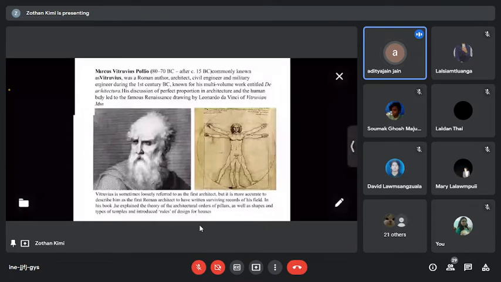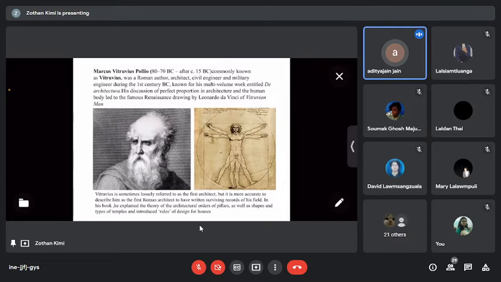Marcus Vitruvius Pollio, from 80 to 70 BC, after c. 15 BC, commonly known as Vitruvius, was a Roman author, architect, civil engineer, and military engineer during the 1st century BCE. Known for his multi-volume work entitled De Architectura, his decisions on perfect proportions in architecture and the human body led to the famous Renaissance drawing by Leonardo da Vinci, the Vitruvian Man.